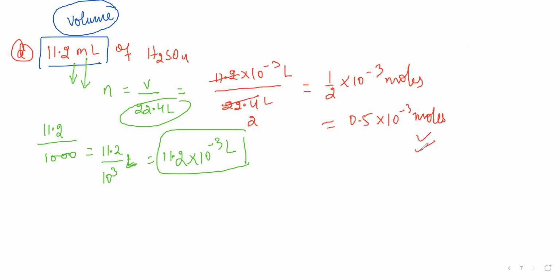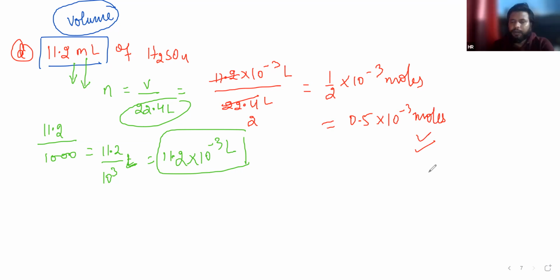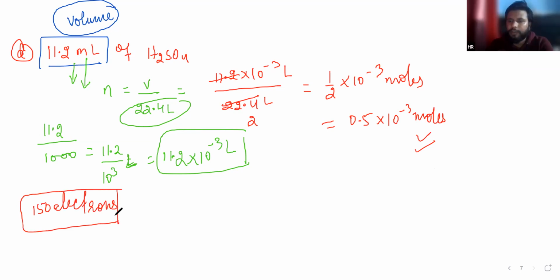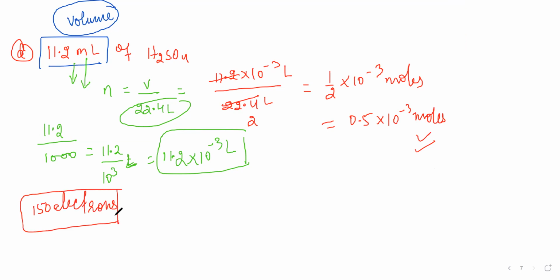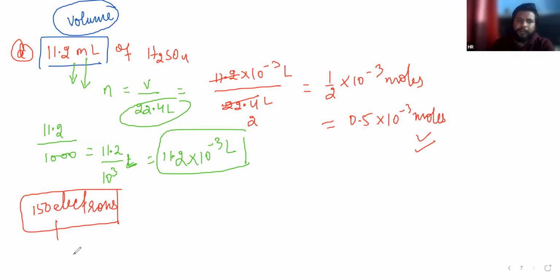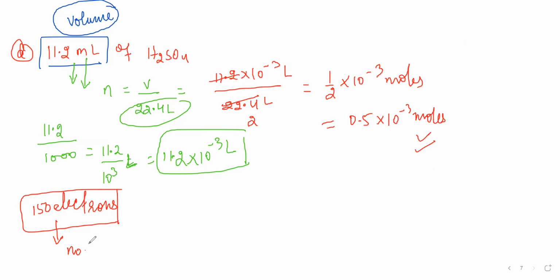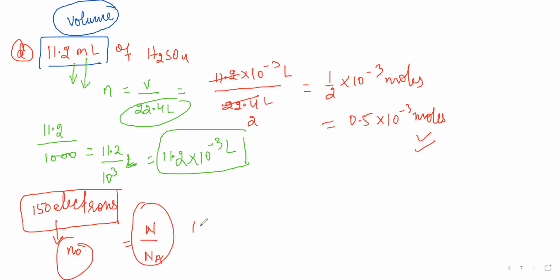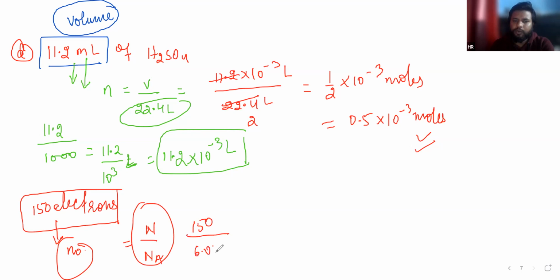Sir, for the electron part, what do we have to do? Just see, what is given? 150 electrons. What does it represent? Number, volume, or mass? Particles, sir. That means it is given number of particles. So we will apply given number of particles upon Avogadro number. So 150 upon 6.022 into 10 raised to the power 23 moles.